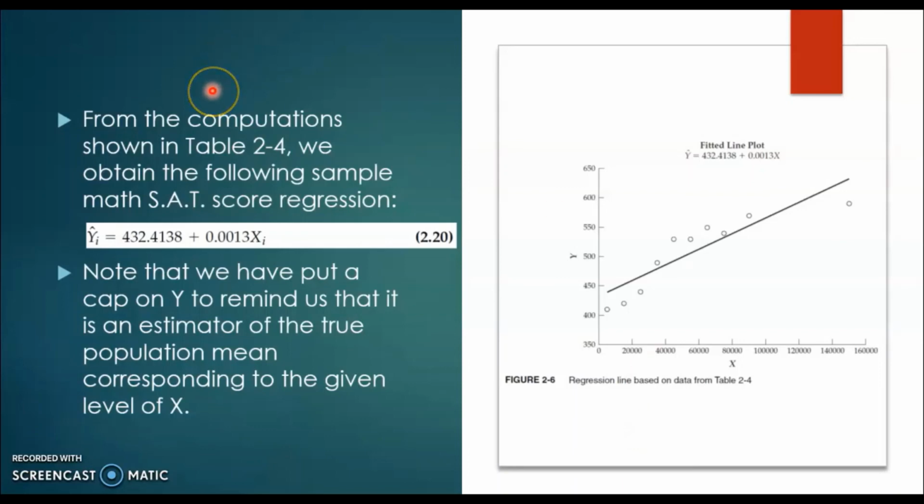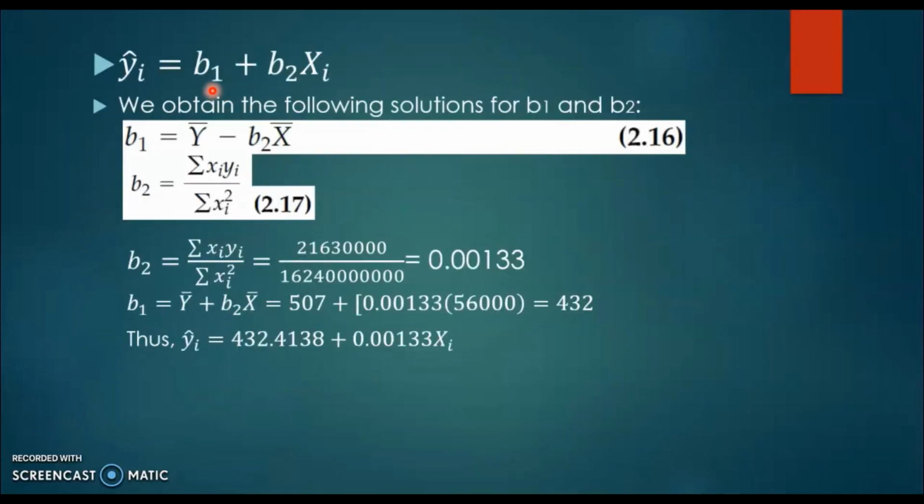So here, of course, before I forget, we are using an example of 4 decimal points for B1, and for B2, we are using 5 decimal points.